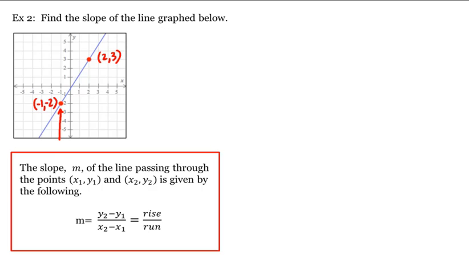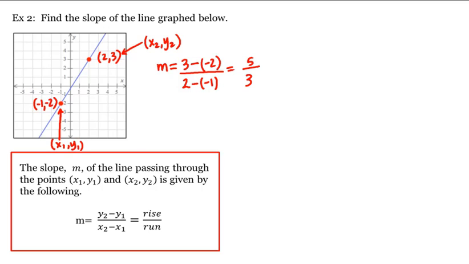So let's let this point be x1, y1, and this point be x2, y2. By our formula here, m is equal to y2, which is 3, minus y1, which is -2, divided by x2, which is 2, minus x1, which is -1, or 5 divided by 3.